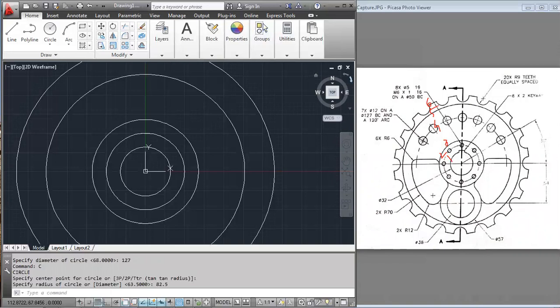So just look for any possible dimension that is given. If not, then we can take another way, right? So no, these are not given. Again, these are R18, right?